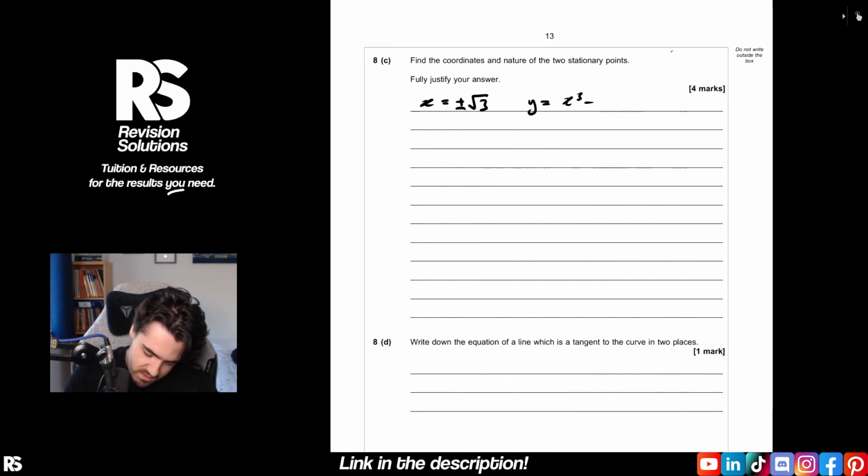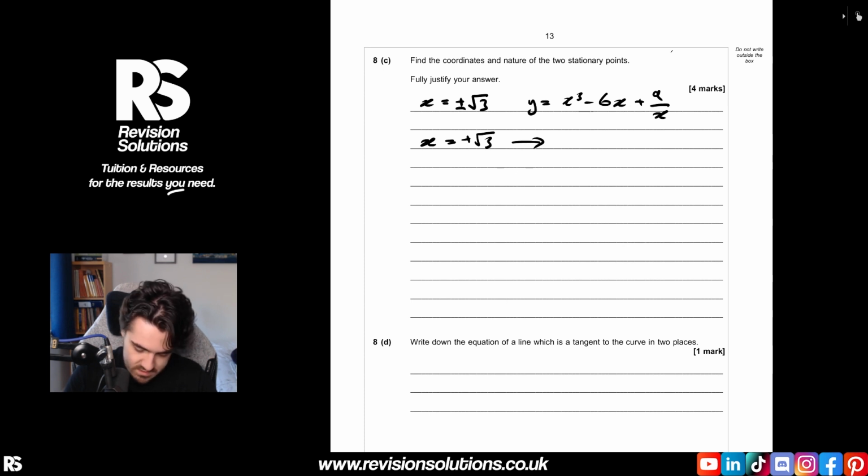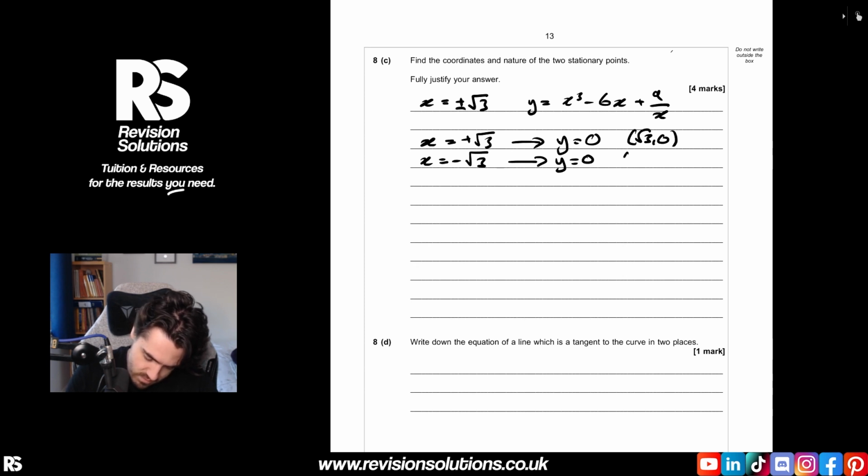If we substitute in x equals plus root 3, using my calculator, that gives me y equals 0. And then using x equals minus root 3 in my calculator, that also gives me y equals 0 actually. So my coordinates are root 3, 0, and minus root 3, 0.